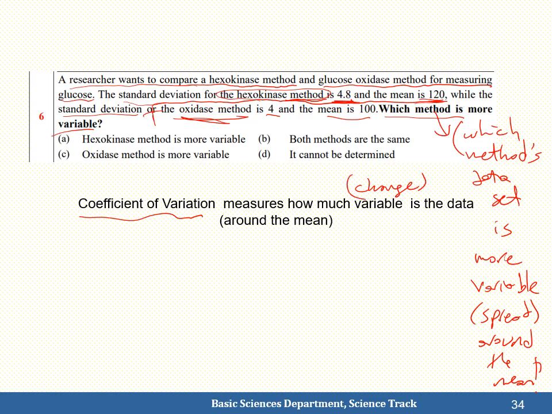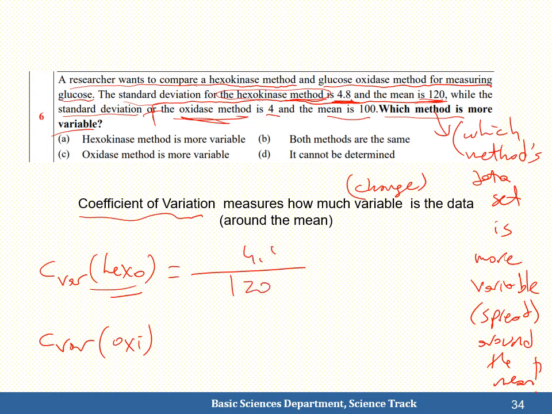So what you have to do is find the coefficient of variation for hexokinase, and find the coefficient of variation for the oxidase method. For hexo, it is 4.8 divided by 120, and for oxy we have 4 divided by 100.